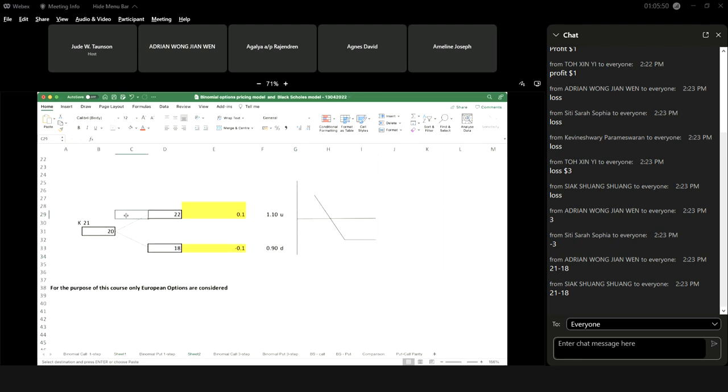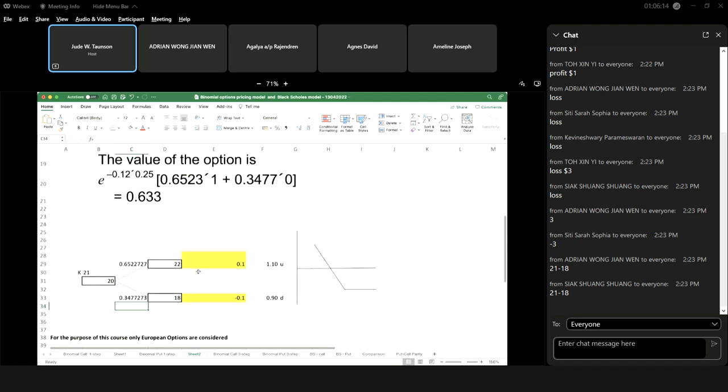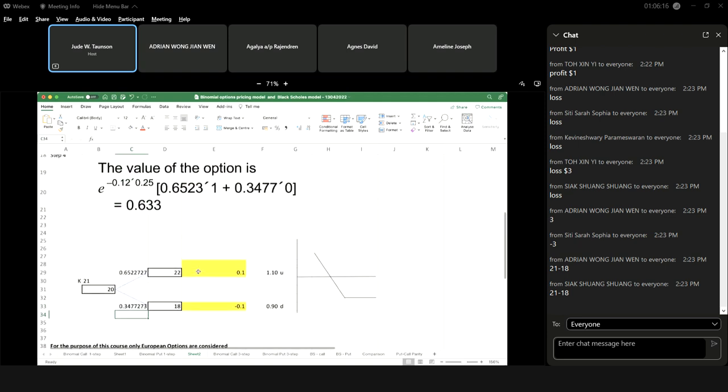The probability of the stock going up is 65%, and of course, the probability of the stock going down will be 35%. So now we can find the value of the put option.